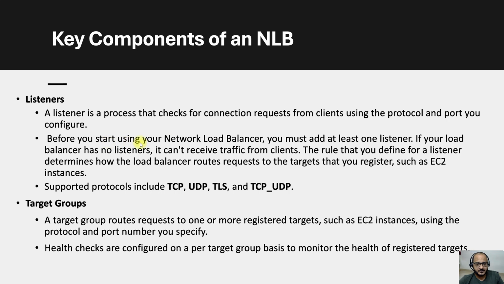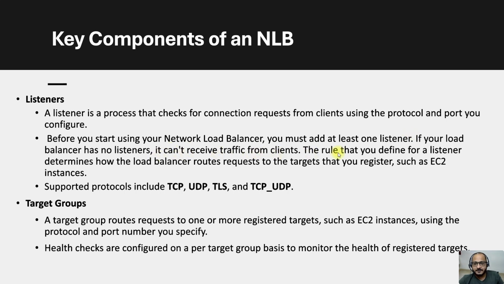Before you start using your network load balancer, you must add at least one listener. The purpose of the listener is to listen for requests from the client. Based on the listener rule which we create, the request will be forwarded to a specific target, where it needs to reach. If your load balancer has no listener, it can't receive traffic from clients.